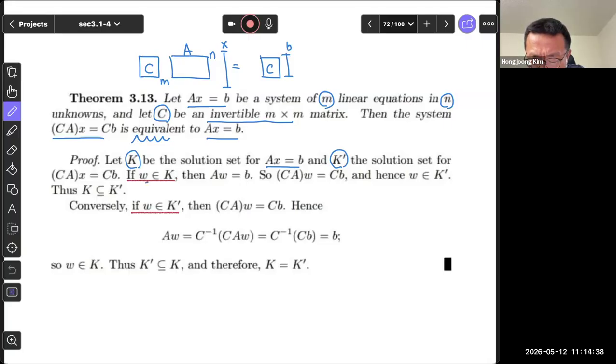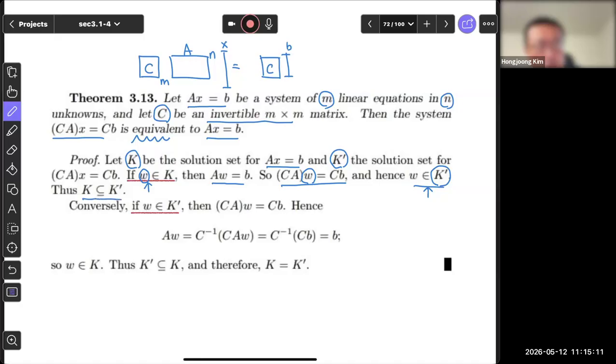If I choose any vector w from the original problem, then w will satisfy the given equation. When I pre-multiply C to this equation, we still have this relation, so w is a solution in K prime. So an arbitrary vector from K is included in K prime, meaning K is a subset of K prime.